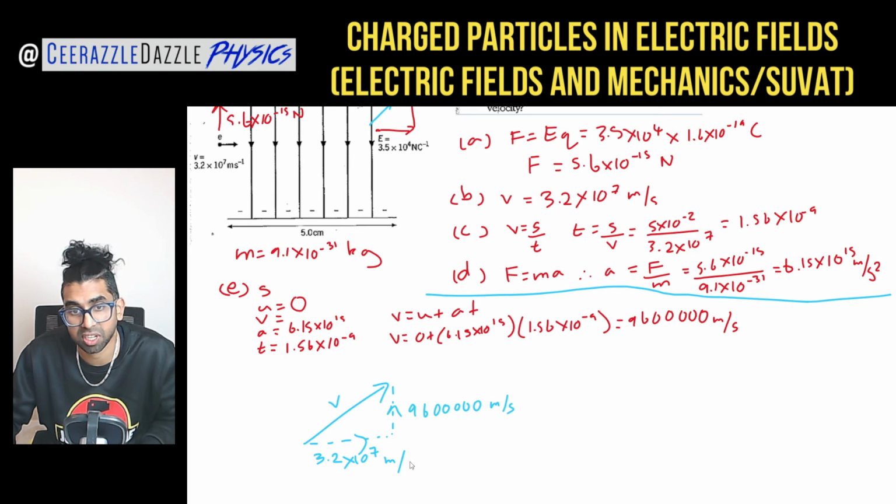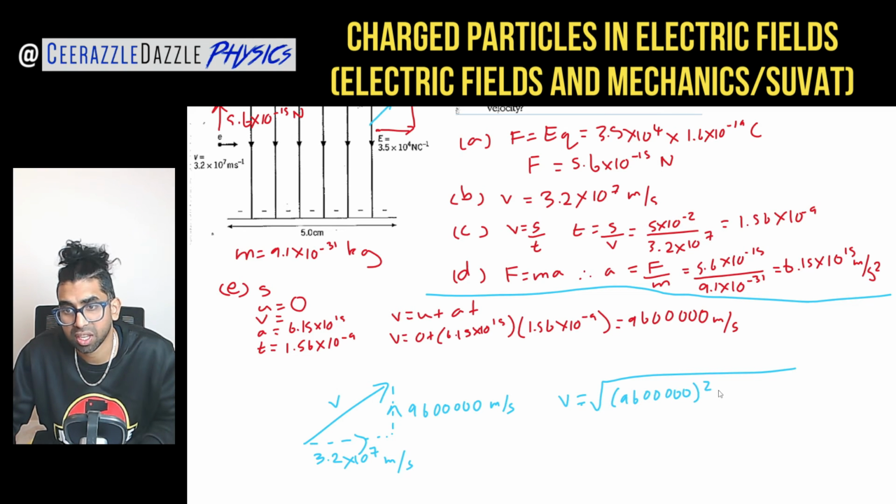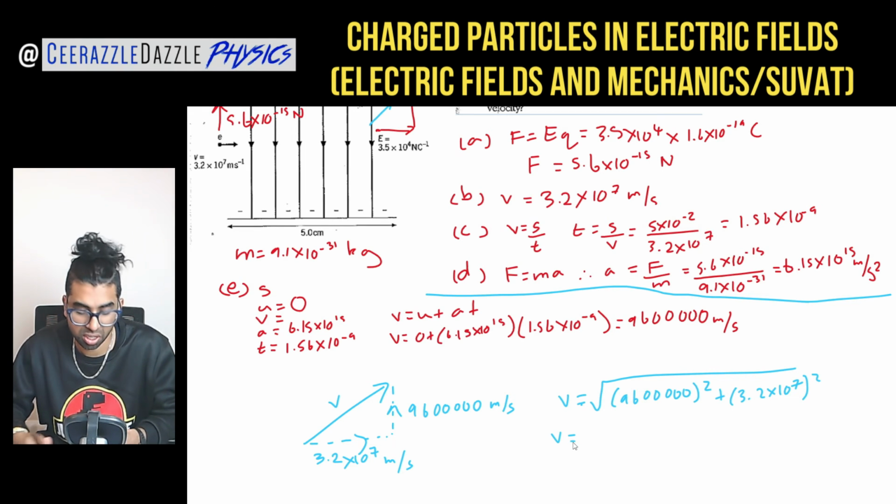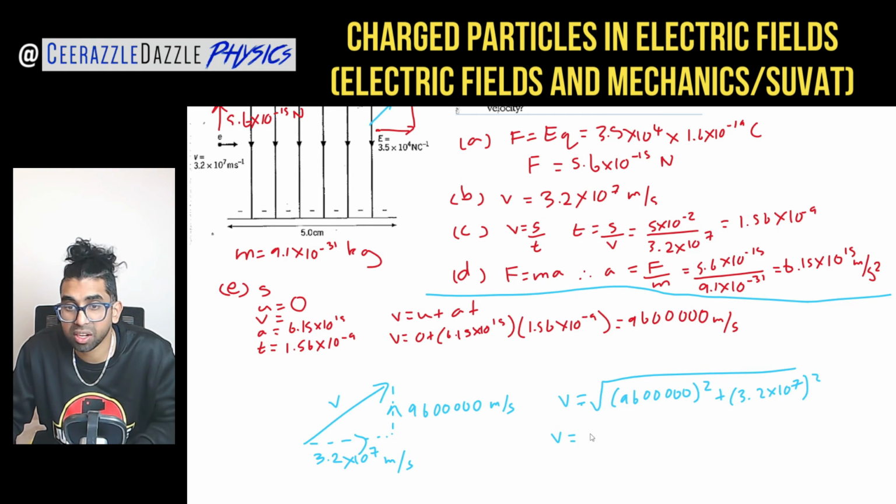So then finally, v is equal to the square root of 9,600,000 squared plus 3.2 times 10 to the power of 7 squared, all square rooted. I'm getting the value of roughly 3.3 times 10 to the power of 7 meters per second.